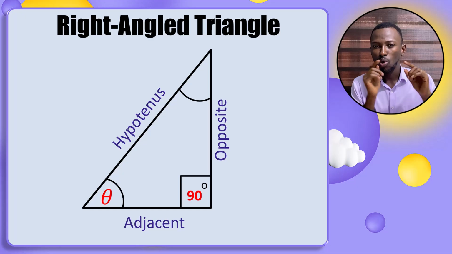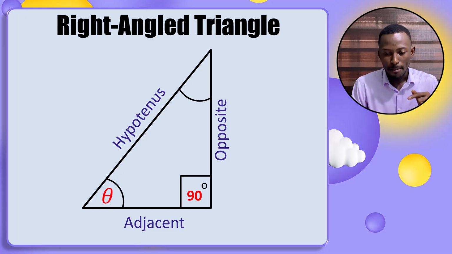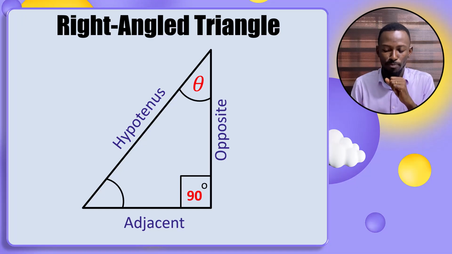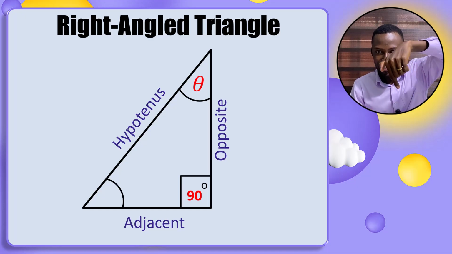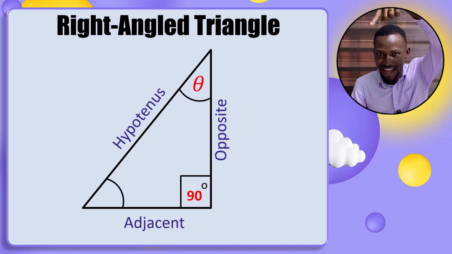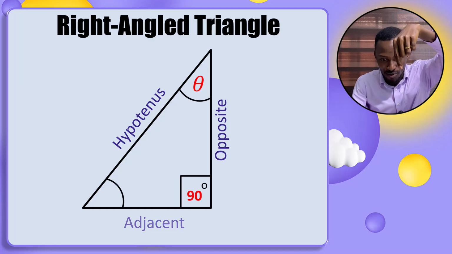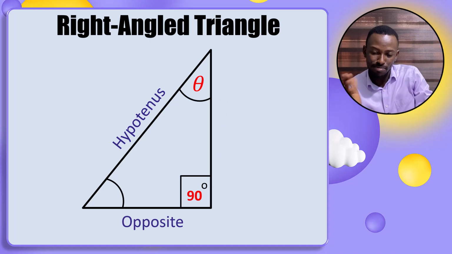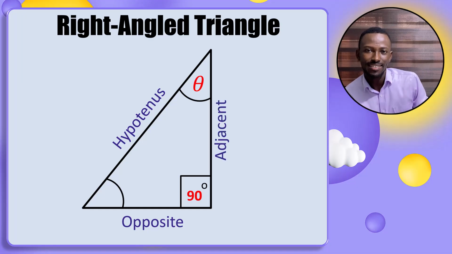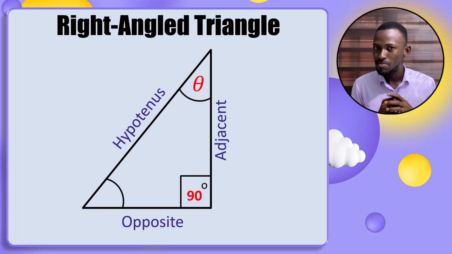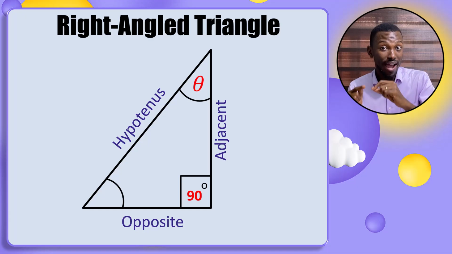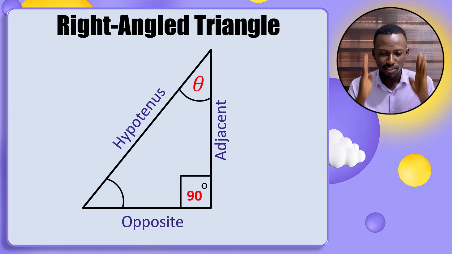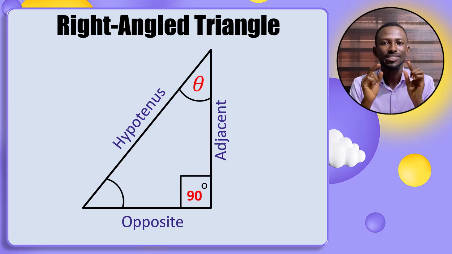Assuming we do not consider the angle at the bottom, but rather the angle at the top, then the side directly opposite that angle, which is the side at the bottom, becomes the opposite. And then the side beside it becomes what? The adjacent. So what it basically means is that for a right-angled triangle, the opposite and the adjacent depend solely on the angle we are considering.